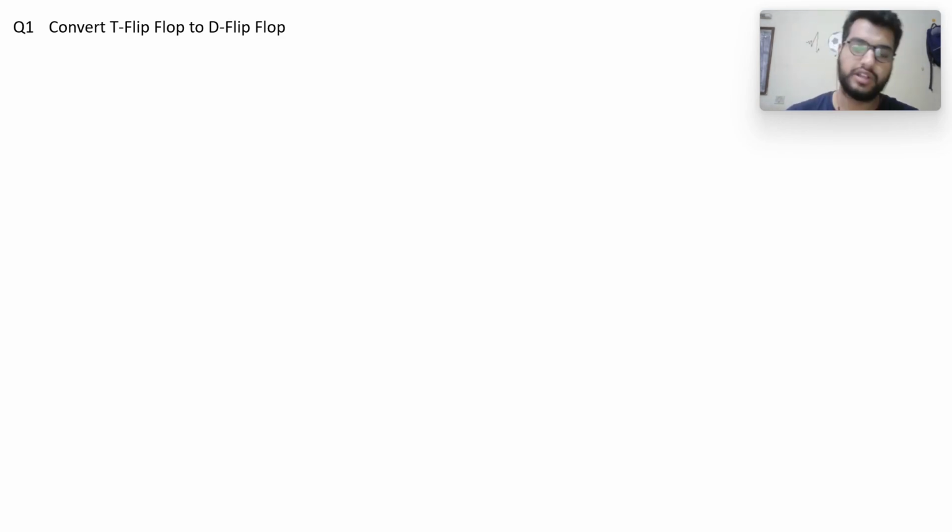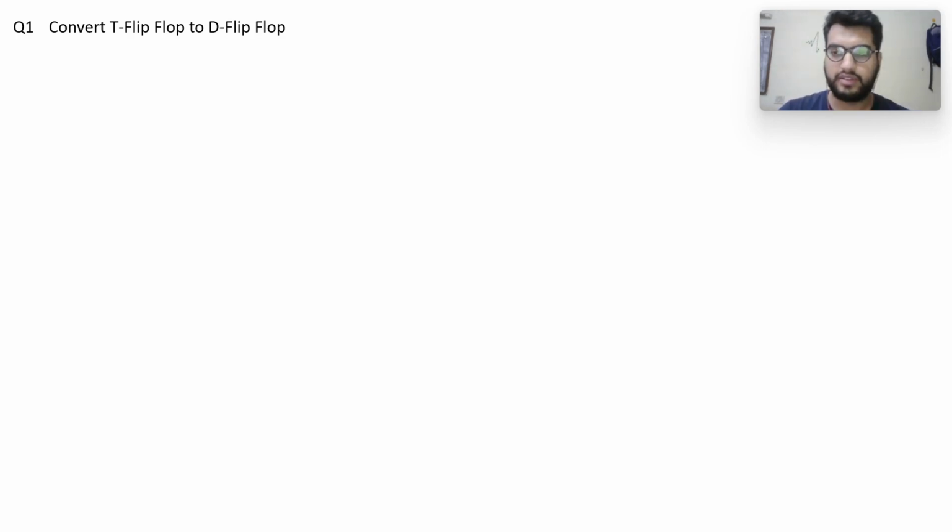In today's problem session I have kept 2-3 problems based on these conversions. These are quite important from the examination point of view and also from the concept point of view, so you should be able to do these types of problems. That's why I have kept this, and I'll show you the general way of doing these problems.